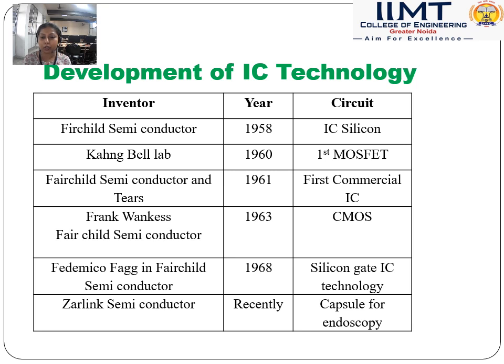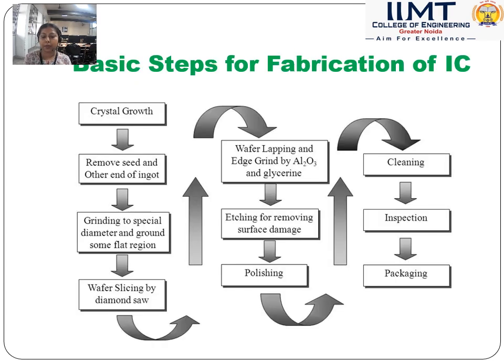Silicon gate IC technology was developed in 1968 by Federico Faggin at Fairchild Semiconductor, and recently the capsule for endoscopy was developed. The basic steps for fabrication of an integrated circuit are shown in this diagram.